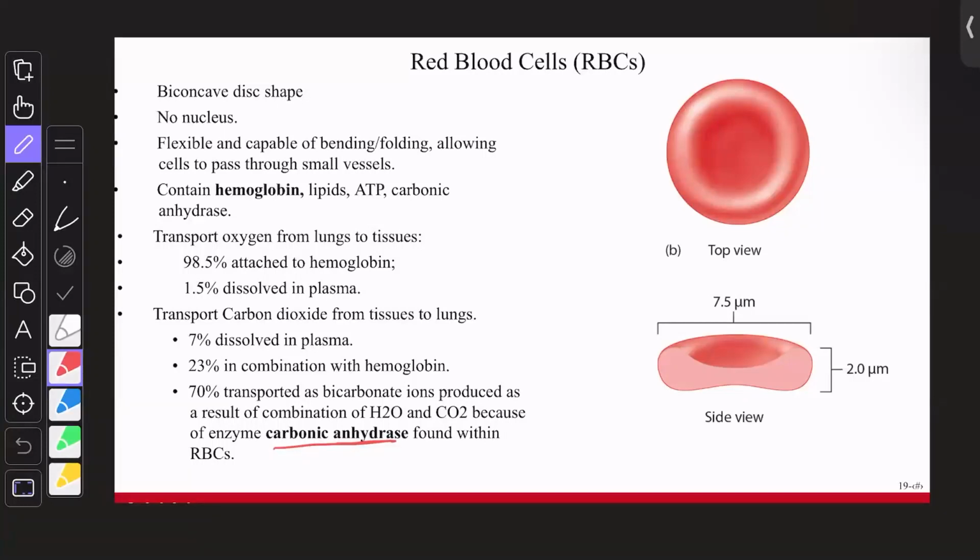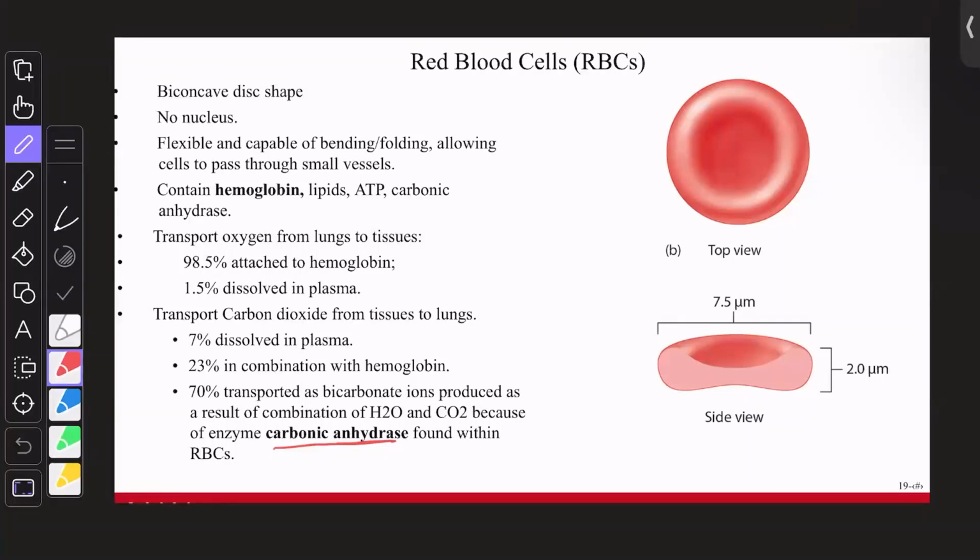Okay, but the red blood cell is carrying carbon dioxide. Yes, the production of bicarbonate happens in the red blood cell. So the carbon dioxide will come in, it will get converted within the red blood cell. Because remember, the red blood cell contains that carbonic anhydrase, which is on a slide somewhere.